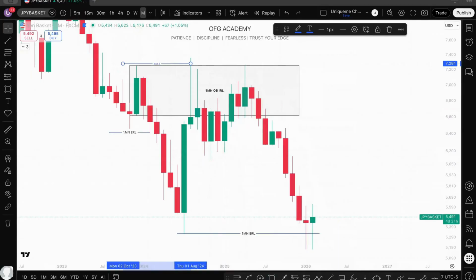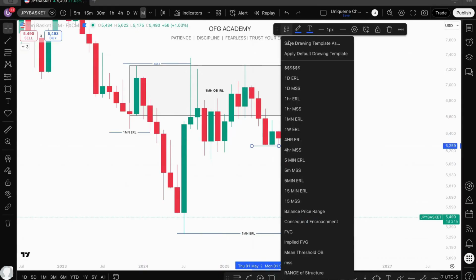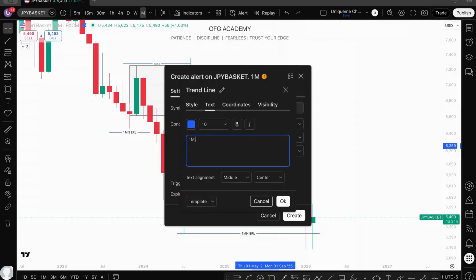If I look inside here, what am I seeing? This was just a liquidity. But if you look inside here, price did something very funny. There was kind of a shift inside here as an MSS, 1 MN MSS, right?